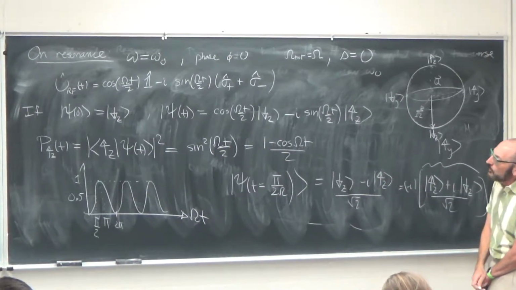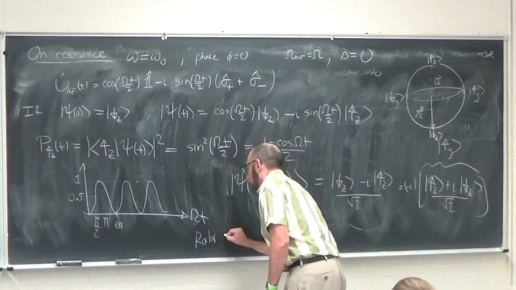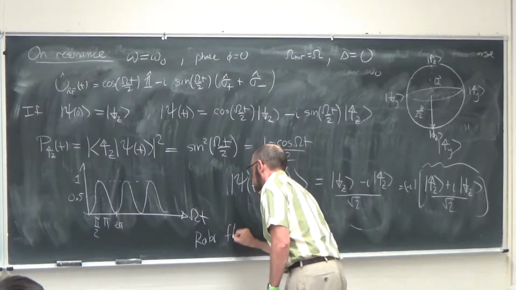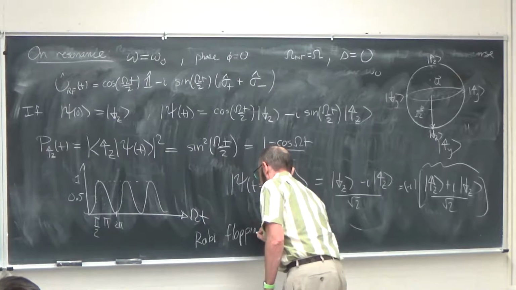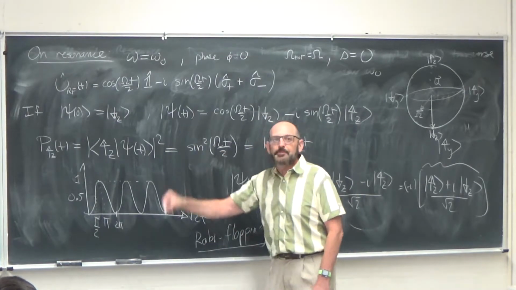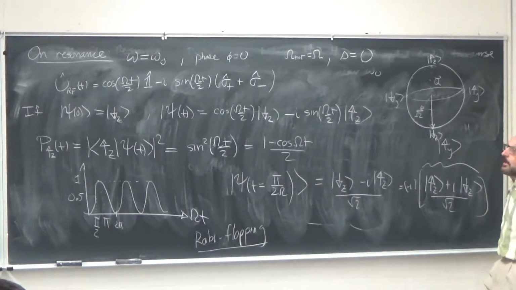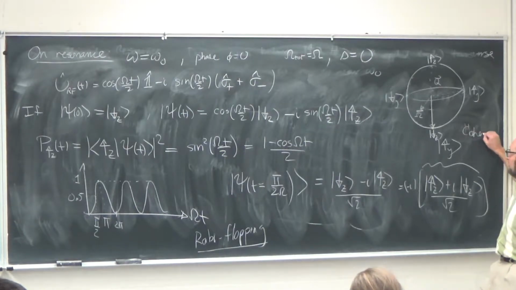This is known as Rabi flopping, or Rabi oscillations. That is to say, the system flops up and down between spin down and spin up. Notice, this is coherent.